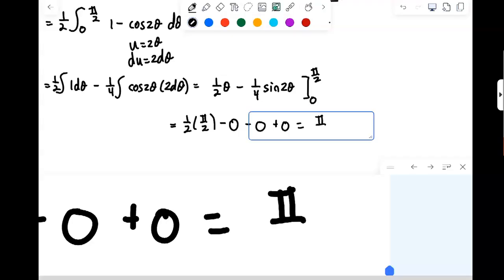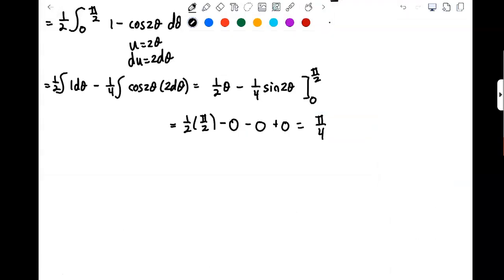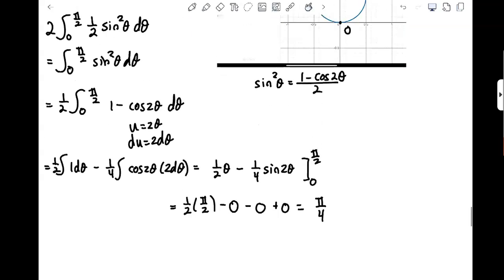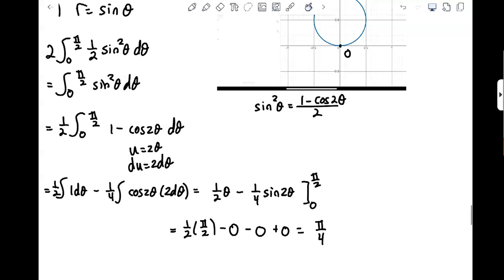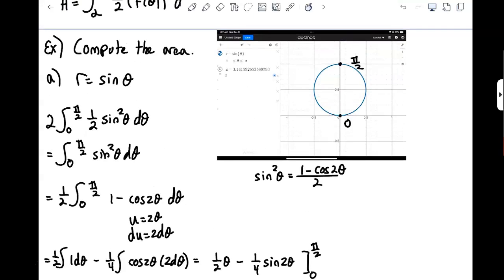In the end, we get that the area of this circle is pi over 4. This original circle has an area of pi over 4. And if you look at it, it kind of makes sense, right?